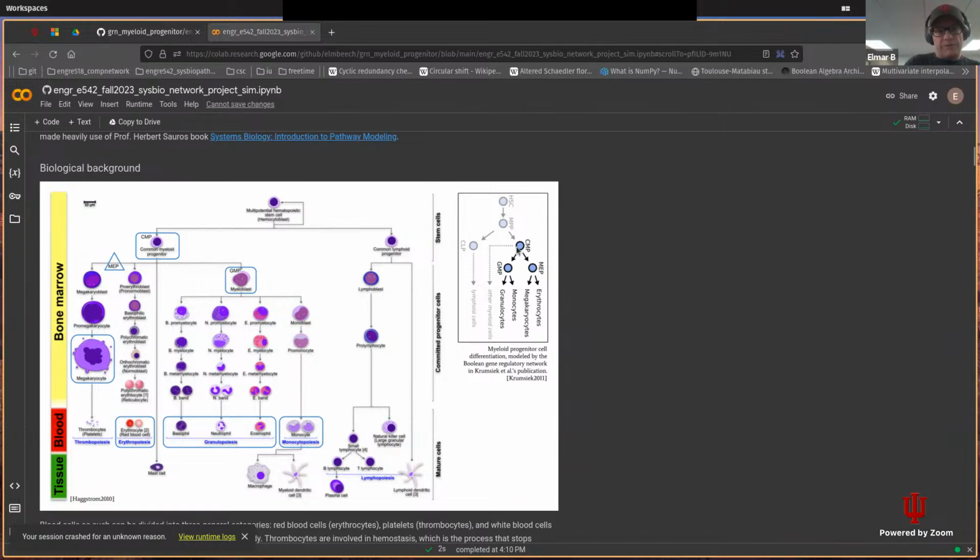So we have this common myeloid progenitor cell type, and this can differentiate either into the megakaryocyte or erythrocyte direction, and then into the cells. This is this branch, so it's just mirrored here. And then it can also go into the granulocyte, monocyte direction and branch like it is here. So this is what we will now have a look at. So far, the biological background.